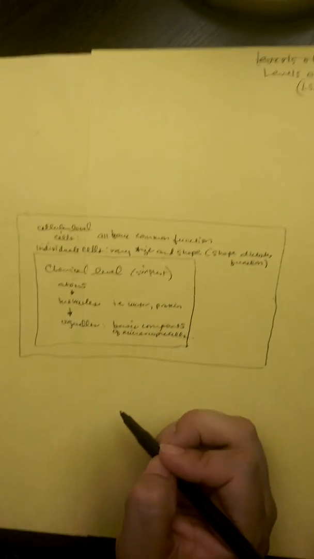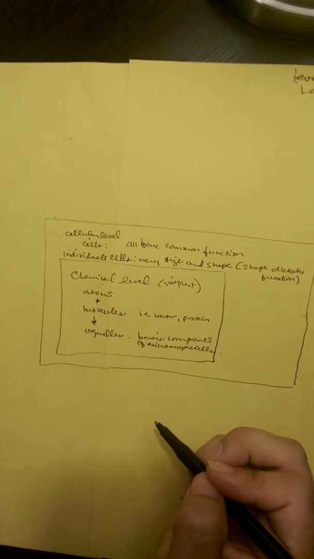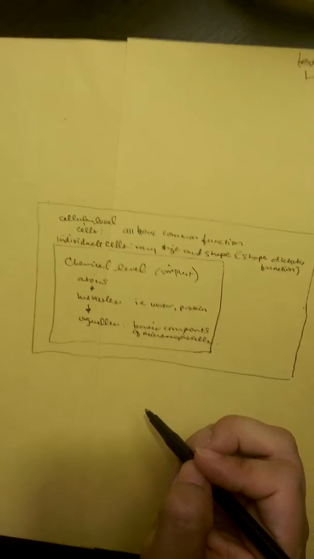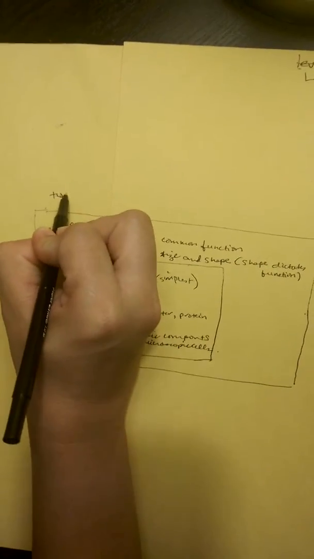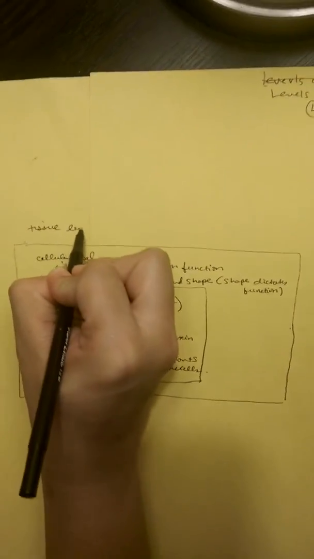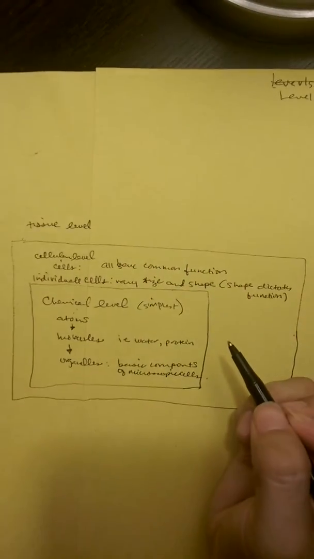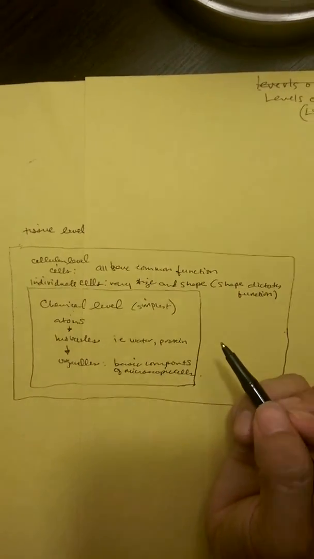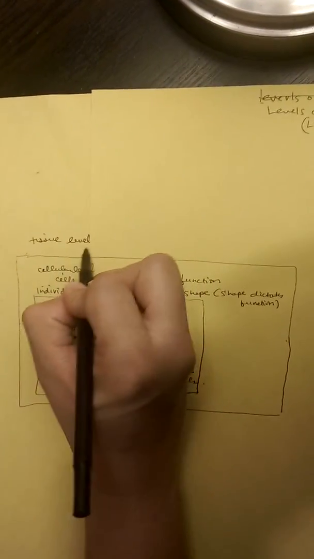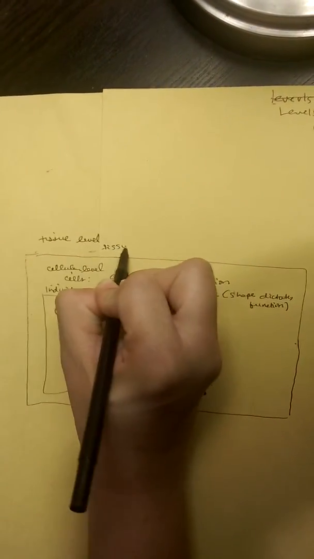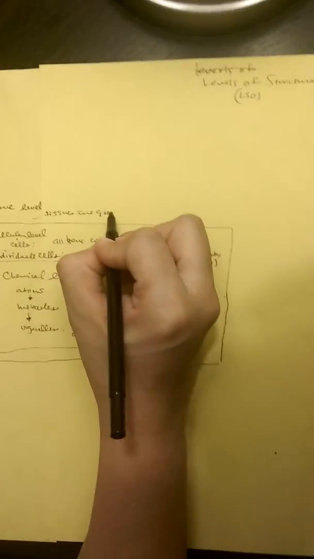So after the cellular level, we actually have the tissue level. And tissues are groups of similar cells that have a common function.